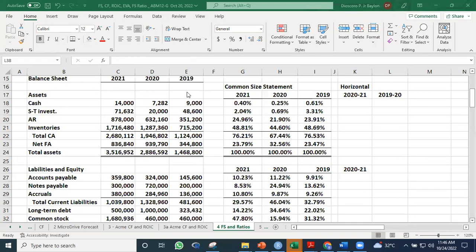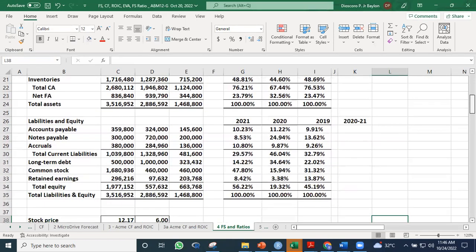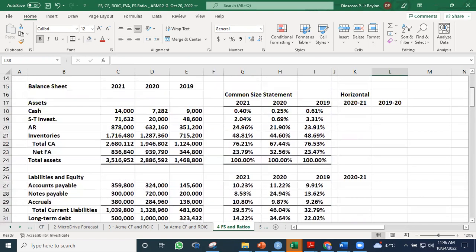Okay, very good. So how about the common size statement for the balance sheet? If you take a look at this, everything is pegged or benchmarked against your total assets or your total liabilities and equity. It doesn't matter whether you use total assets or total liabilities and equity because they should be the same. They should be balanced.